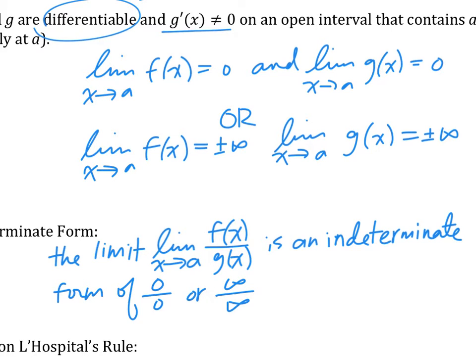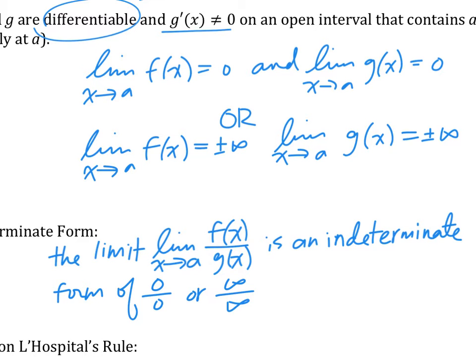So when you have a limit of some kind of function over a function where the top goes to 0, bottom goes to 0, or top goes to infinity, bottom goes to infinity, we call that indeterminate form. So we can't figure out what the limit is.